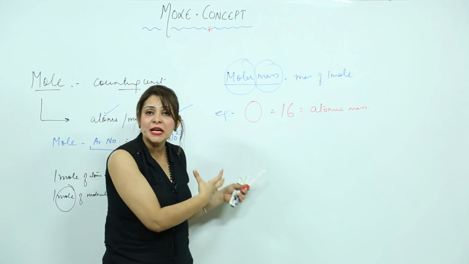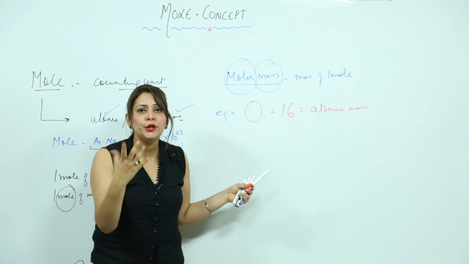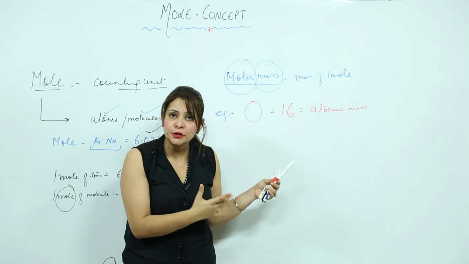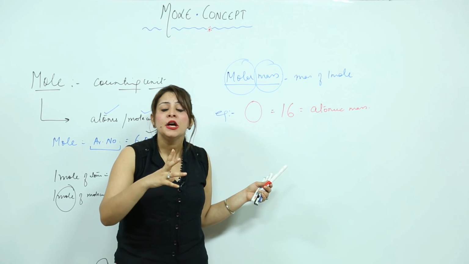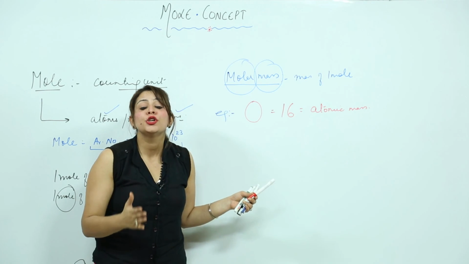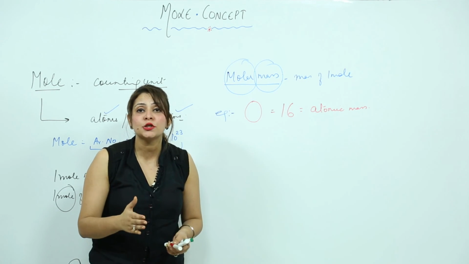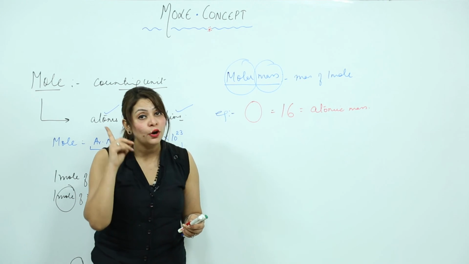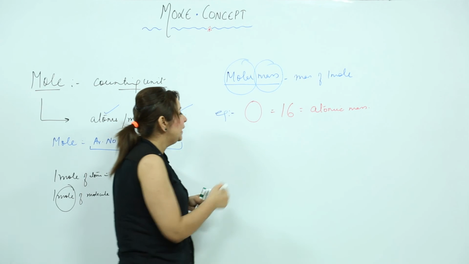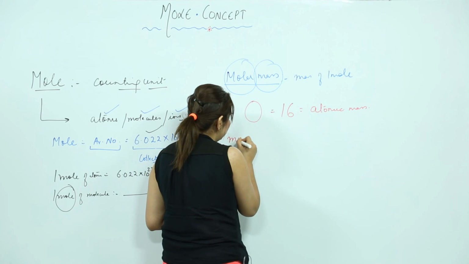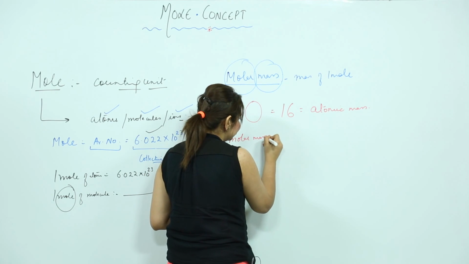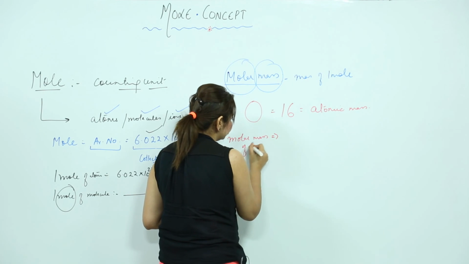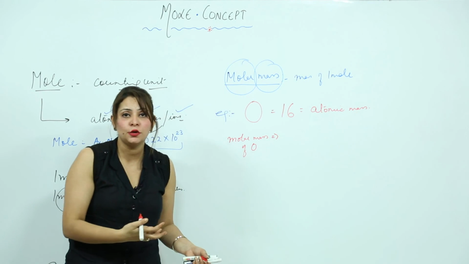So is this the mass of one oxygen atom? What do you think? Is this 16 the mass of one oxygen atom, or the mass of more than one atom? You should know that atomic mass actually corresponds to the mass of 1 mole of atoms, not of one atom, right?